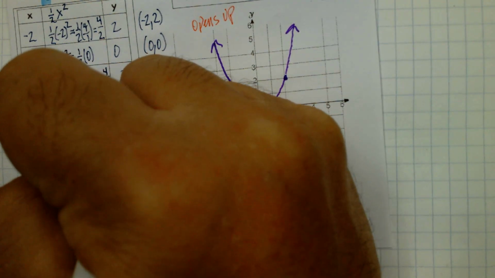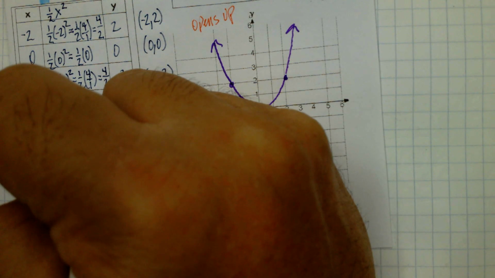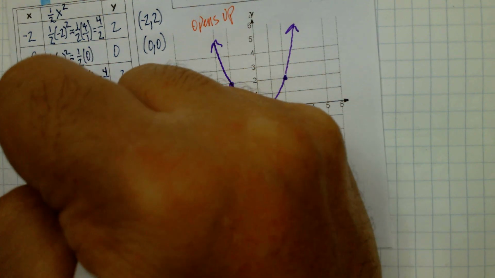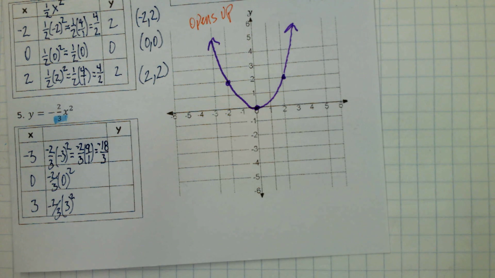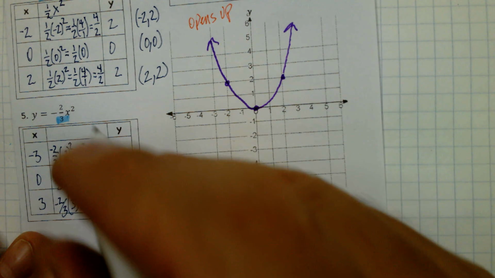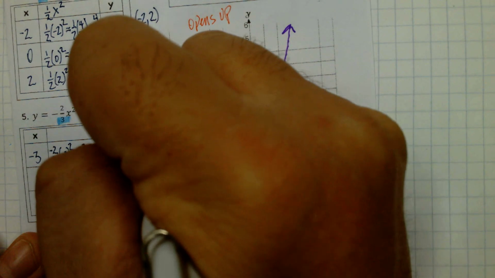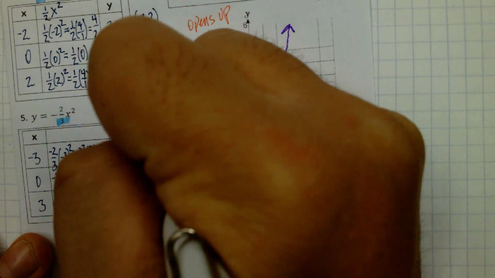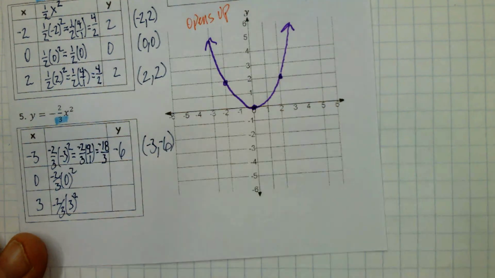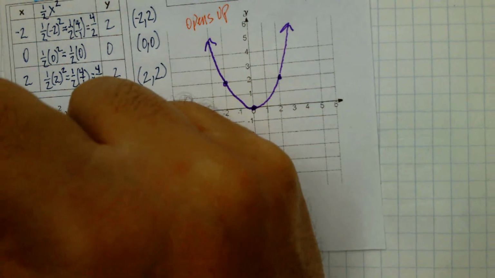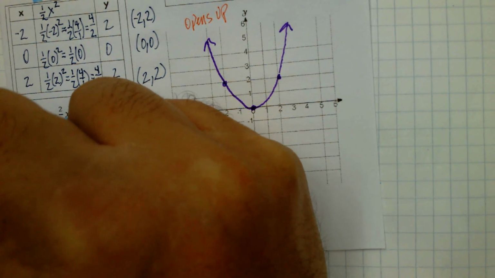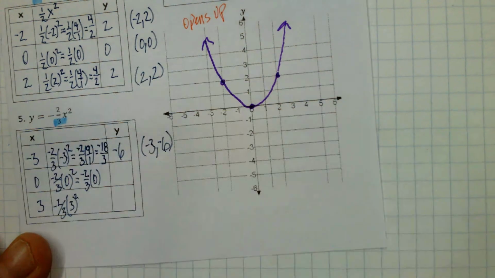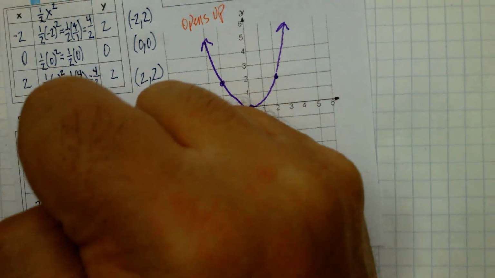That's negative 18. 3 times 1 is 3. I end up with negative 18 thirds, or negative 18 divided by 3. Negative 6. So negative 3, negative 6. Okay? And then this one's an easy one. Negative 2/3 times 0. And 0 times anything is 0.